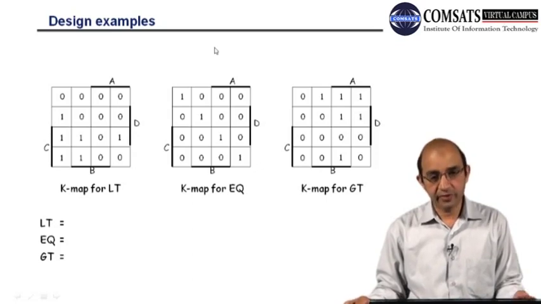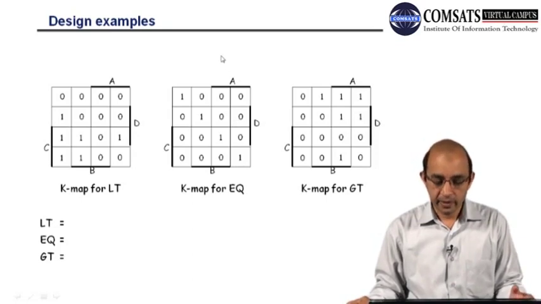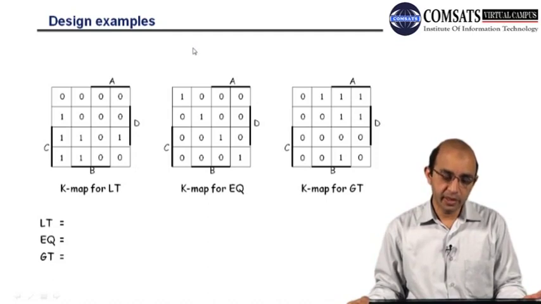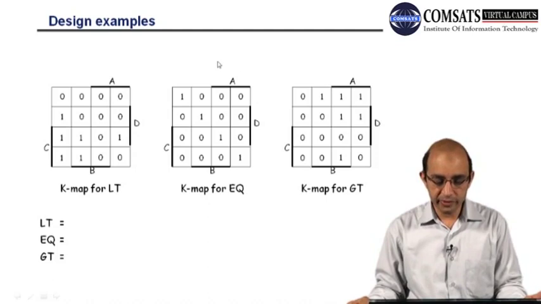But you have to verify. So here we have no simplification. If we represent it by using simple Boolean algebra, or we can use K-map, we will be having no more simplification. And if you look at this K-map representation, you can see there is LT, less than, or GT, greater than.